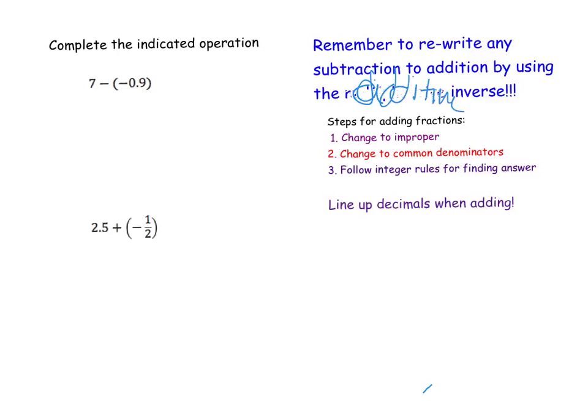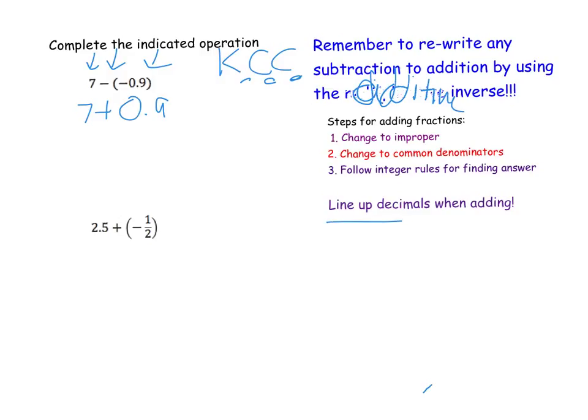So that's when we're dealing with subtraction. We change it to adding the opposite. Keep, change, change. Keep, change, change. So we keep the first number, change the subtraction to addition, and change the second number to its opposite.